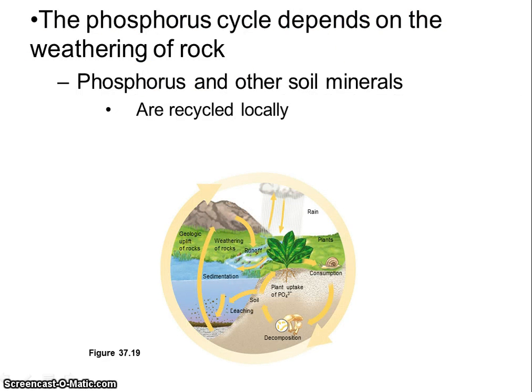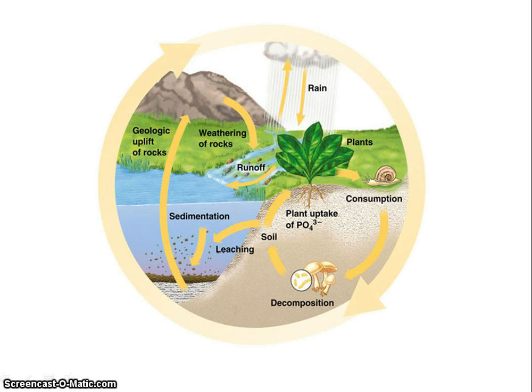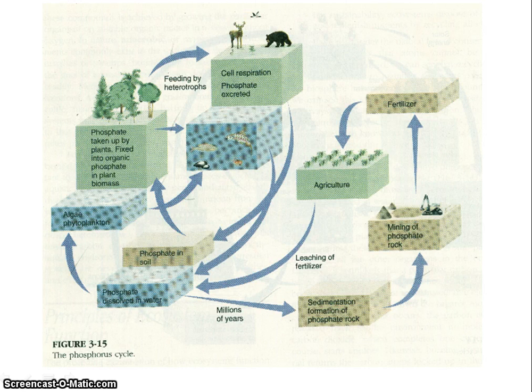This is just showing you a picture of the phosphorus cycle. And if we add too much phosphorus into the water, that leads to eutrophication, which is very harmful.